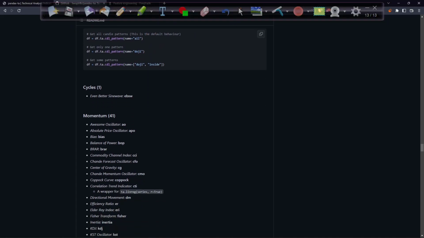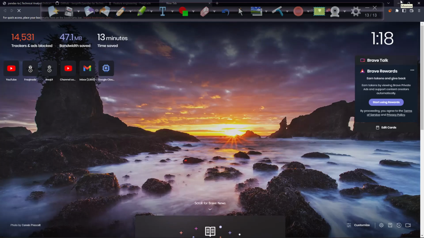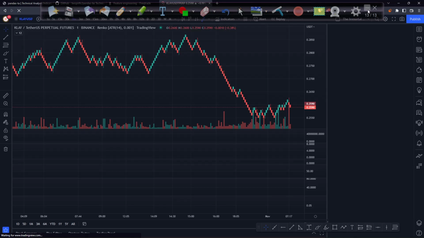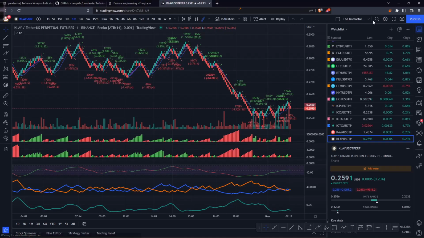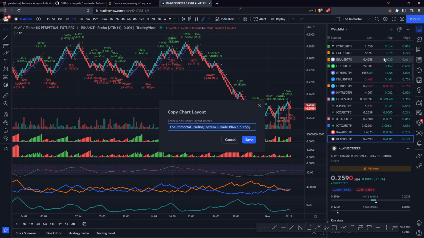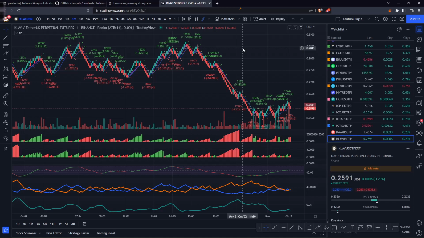Now let me show you how this works. So let me just remove everything.